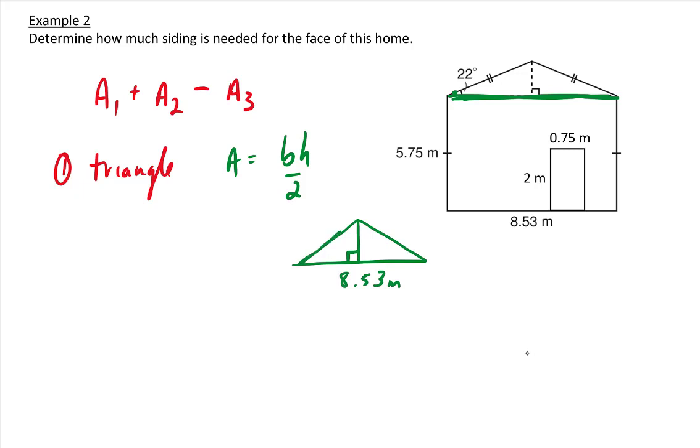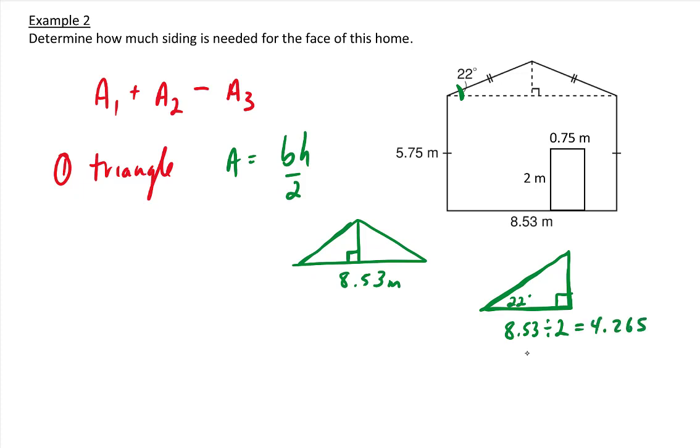However, we do know that there's a 22-degree angle in the corner of this triangle, right here. I'm going to redraw half of that triangle. Here's 22 degrees. I know that this is 8.53 divided by 2, which equals 4.265, and I want to know the height of this triangle.